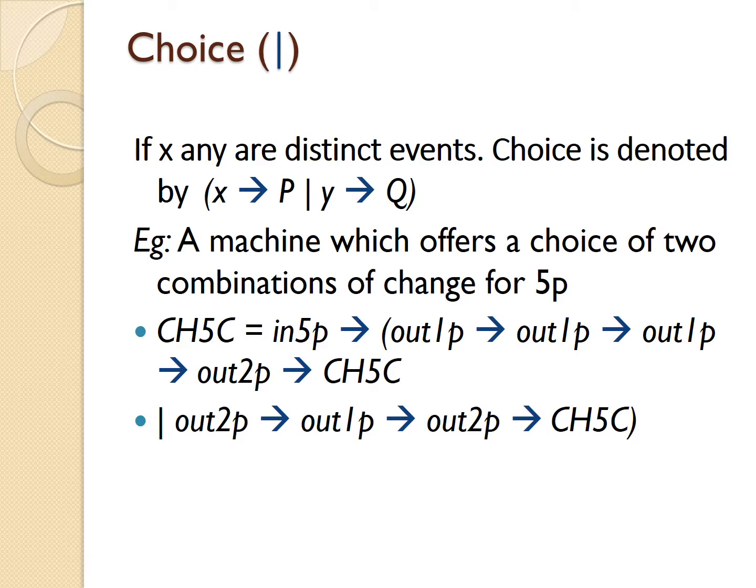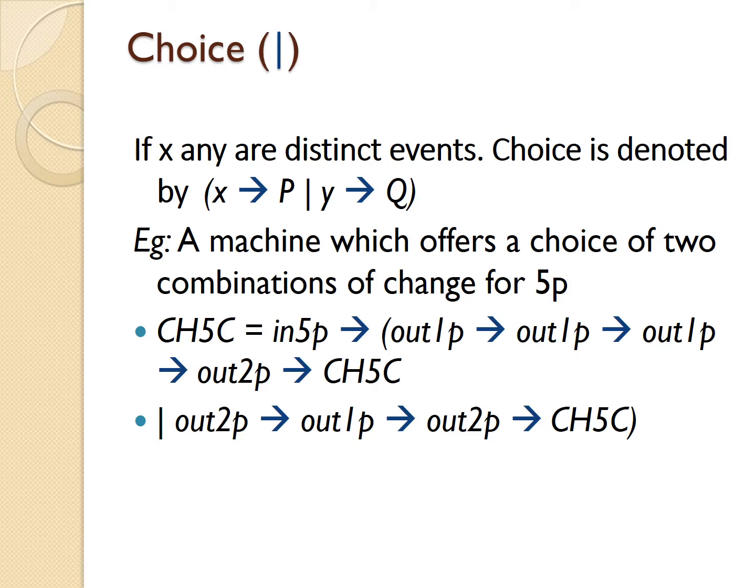Next is the choice notation. There will be two events, and either one event or the other will occur. It is the choice, represented as a straight line as shown in the slide. For example, consider a machine which offers a choice of two combinations of change for 5 penny.